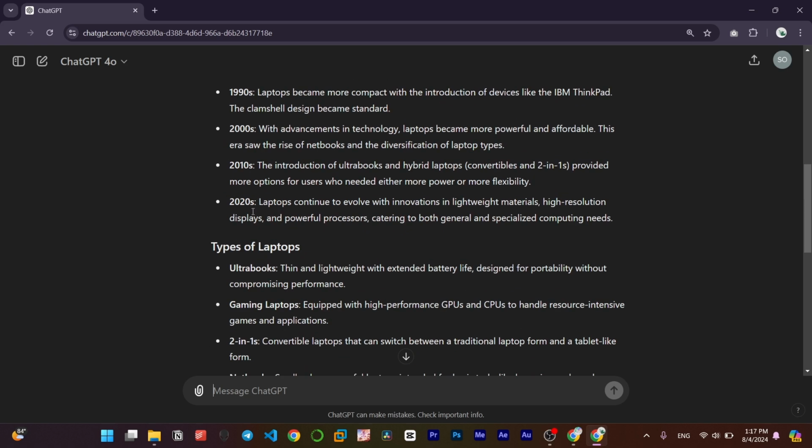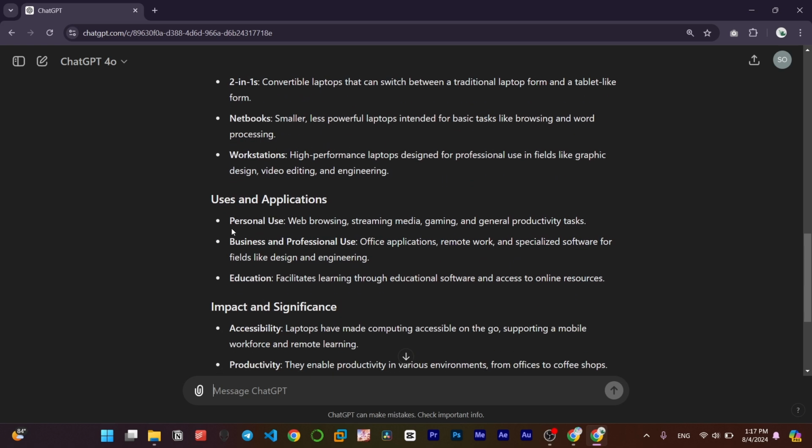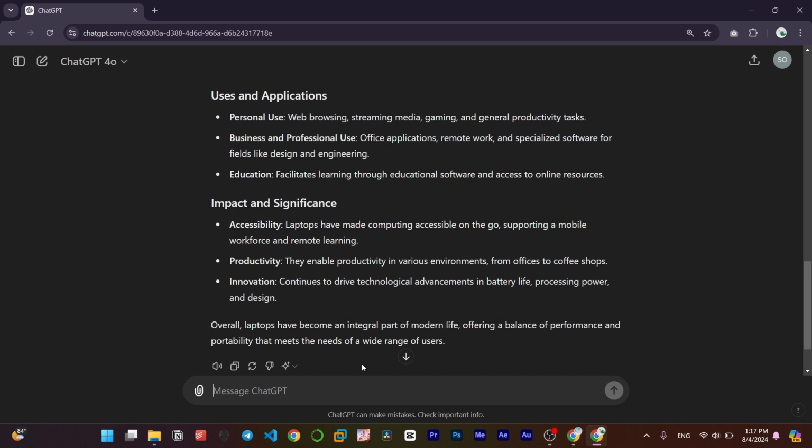You know, some of the details maybe are not useful for you. Types of laptops, and uses and applications, impact and significance, and others. I will ask it for just a summarized answer for the definition.